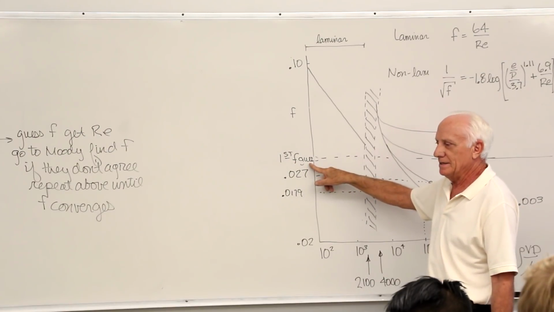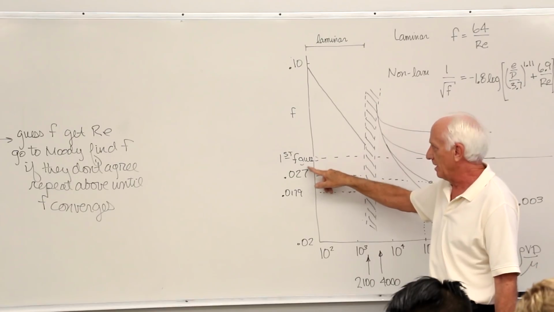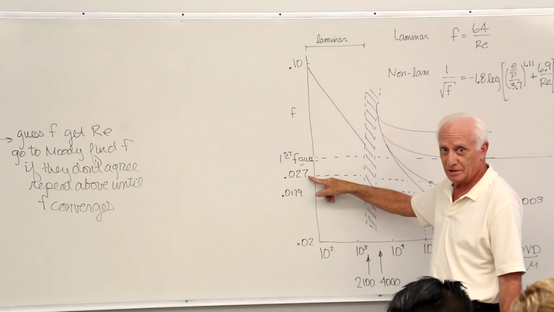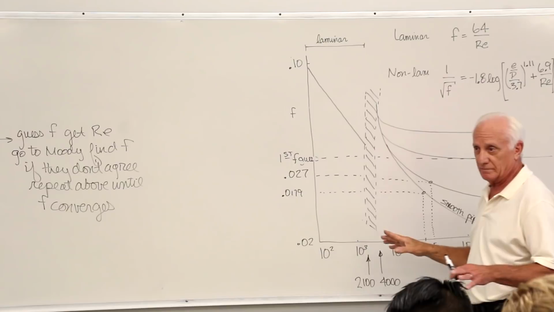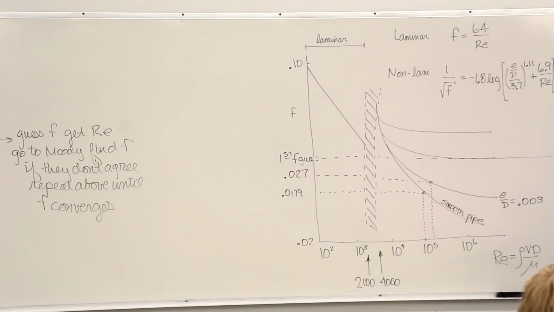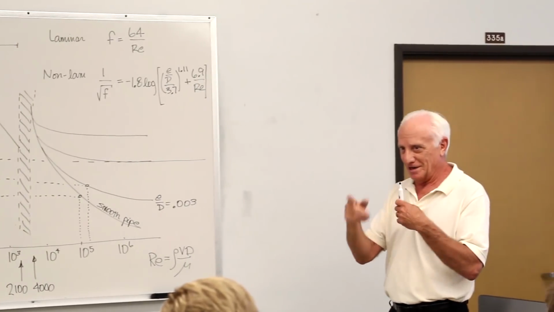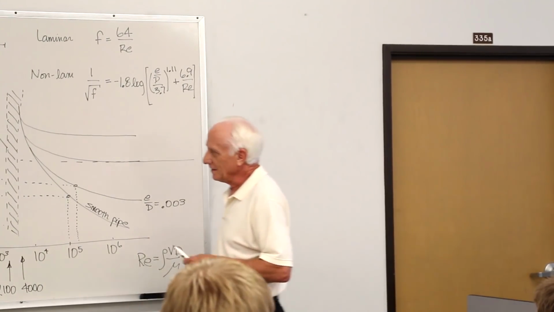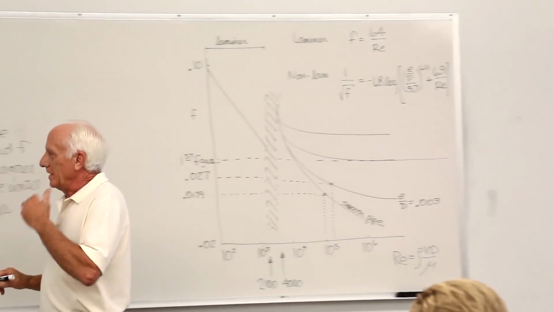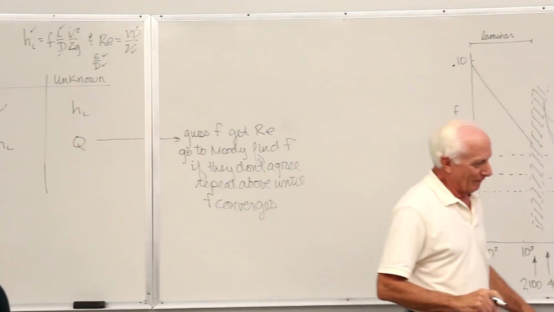I would repeat the above calculations based on .027. But don't do any more work. Don't iterate, but go through it one time to prove to me you know what you're doing in the iteration process. Okay. All right, let's do the last one then.